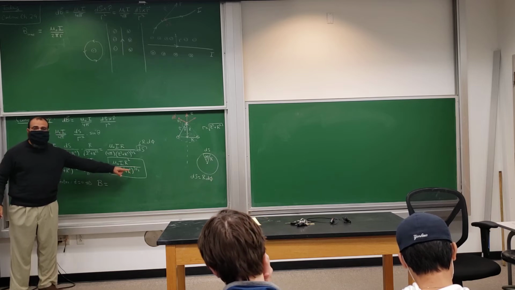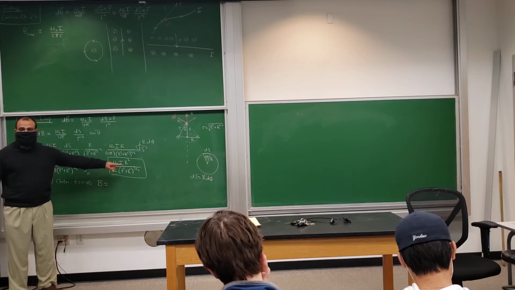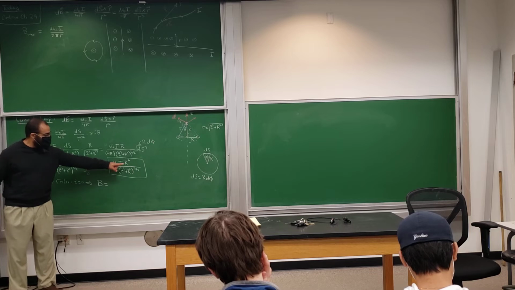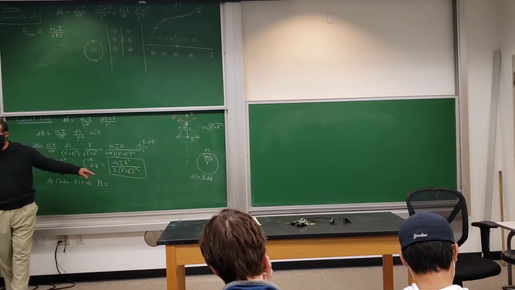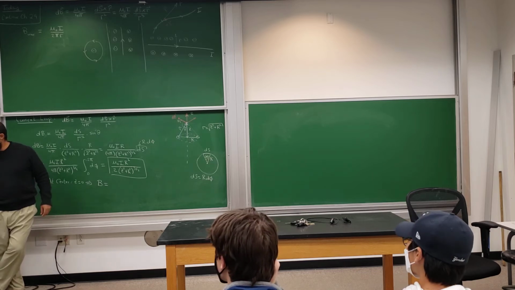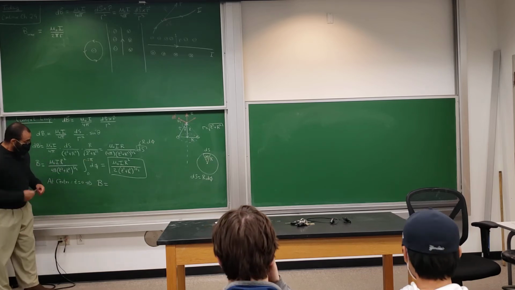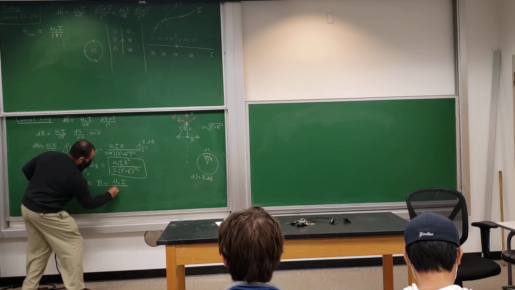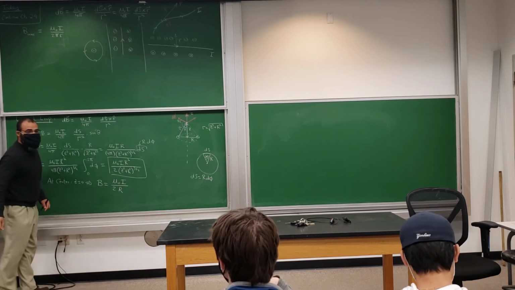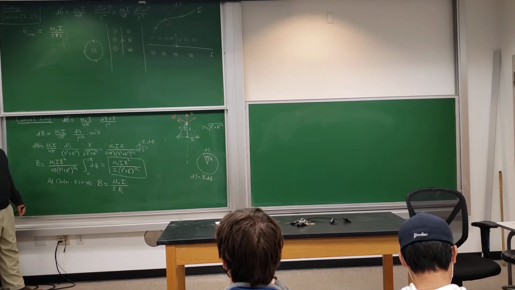What is that? R to the third. But you have an R squared on the top. So R squared over R cubed is 1 over R. So it ends up being mu naught times I over 2R. That's what it simplifies to. Okay?